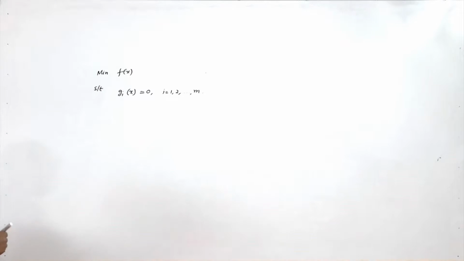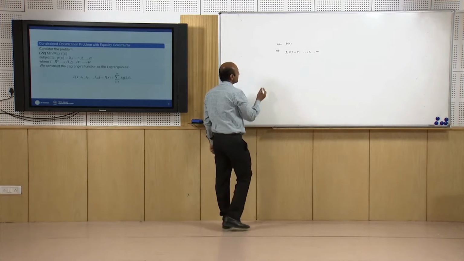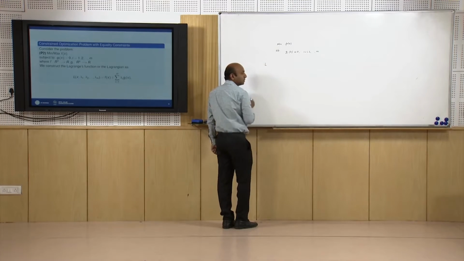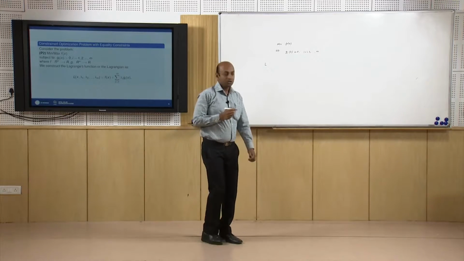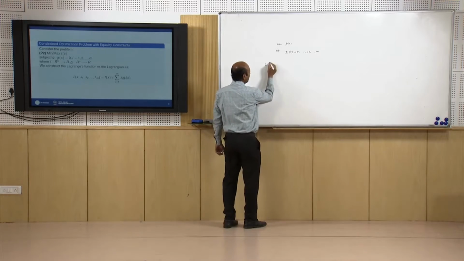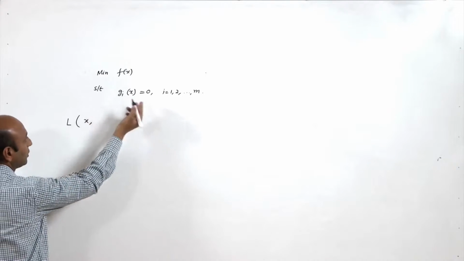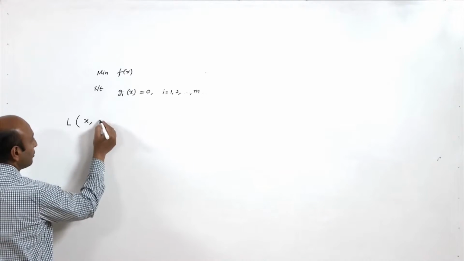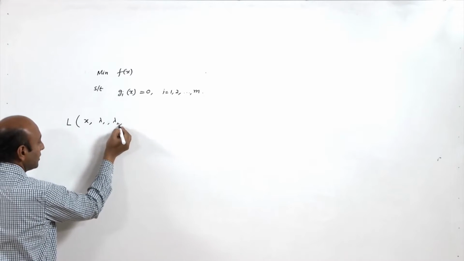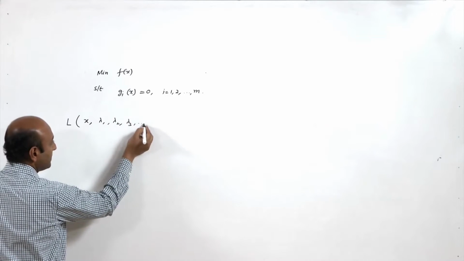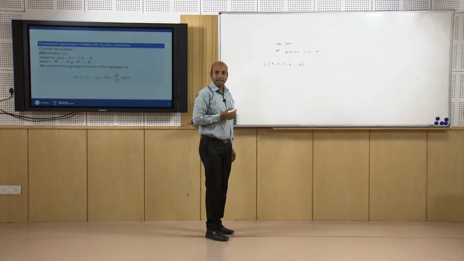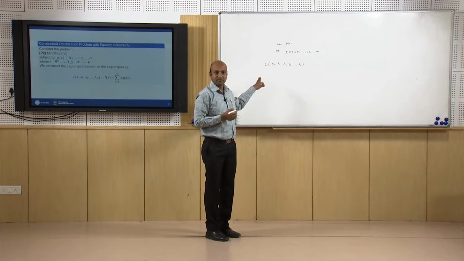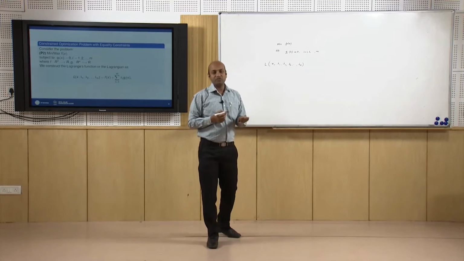Now, how do we find the optimal solution for such problems? We first define a function L, which we call the Lagrange function or Lagrangian. This Lagrangian involves all n components of x along with lambdas, and these lambdas are called Lagrange multipliers.